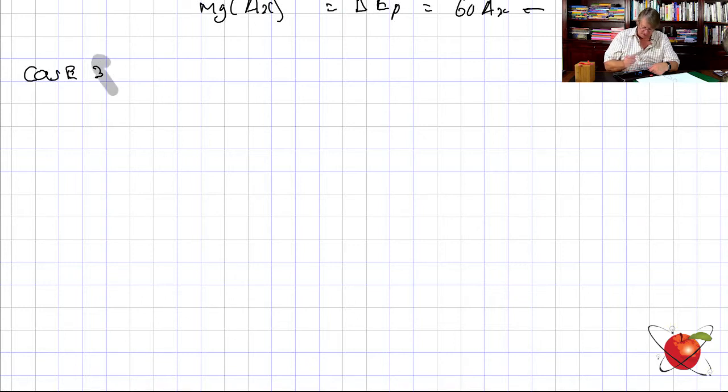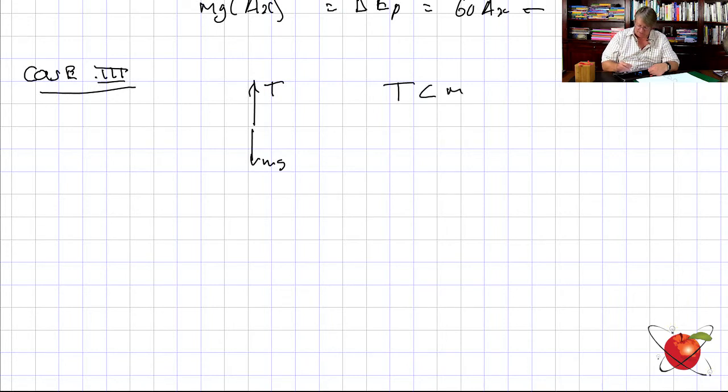Case 3, I've been using, I think, Roman numerals, but it doesn't really matter. Case 3, what if T is less than mg? If T is less than mg, what does it mean? Well, it's quite simple. It means that the object has my velocity initial and my velocity final.